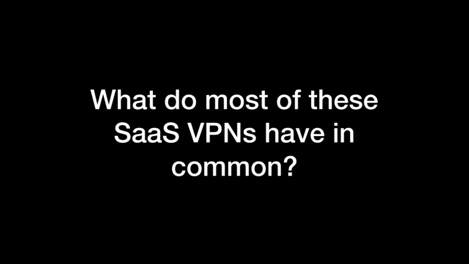So what are these VPNs commonly made of? If you really look into and understand most of these SaaS VPNs, the TLS VPNs that are out there today, they are completely based on OpenVPN. Not all of them, but most of them just take OpenVPN, which is an open standard and an open source project. So they have a ready-made VPN client and server implemented, which makes their job easier.